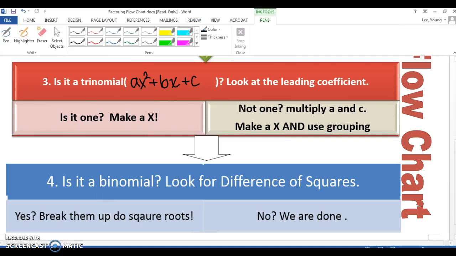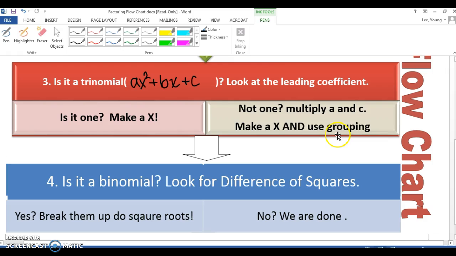What is the leading coefficient? The leading coefficient is the coefficient for x to the second power. If the leading coefficient is 1, then we're going to just use x. Remember we did some practice of x last class? If it's not 1, we're going to multiply a and c, then make an x and use grouping.